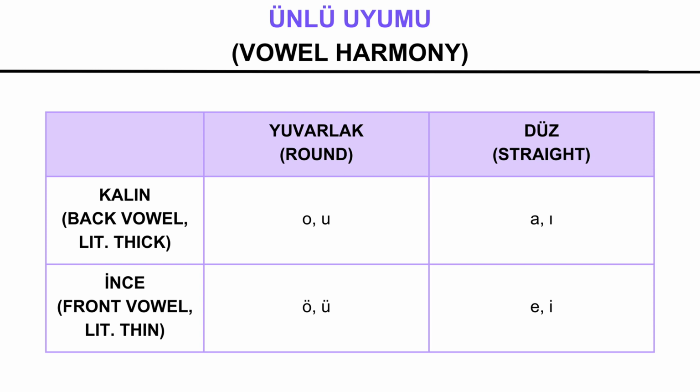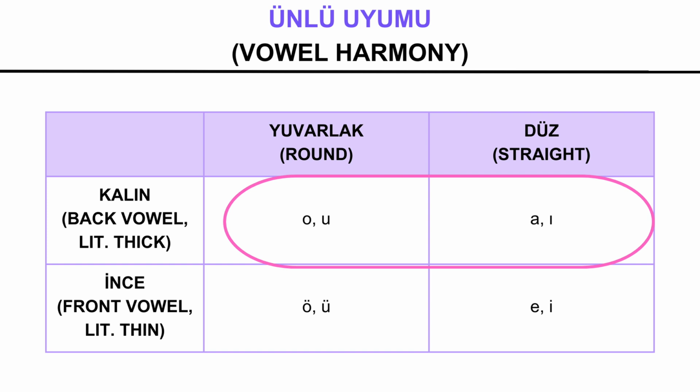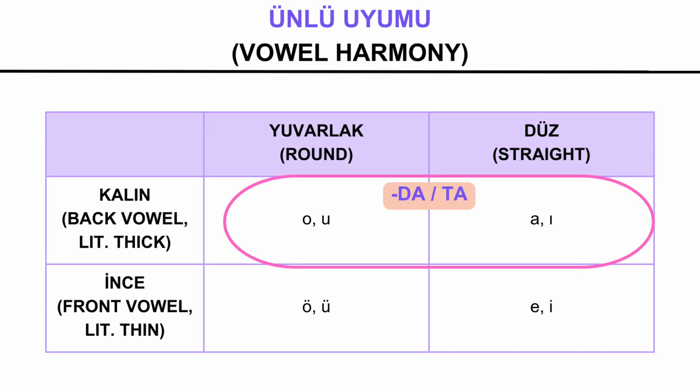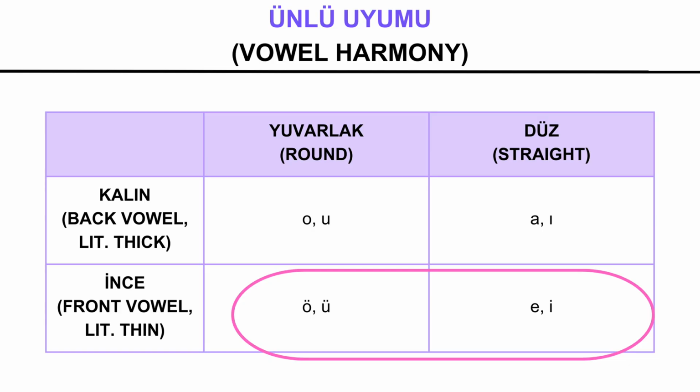In Turkish, kalın or ince. If the last vowel is o, u, a, or ı, as they are all kalın, back vowels, we need to use da or ta. If the last vowel is ö, ü, e, or i, we need to make a decision between de or te.